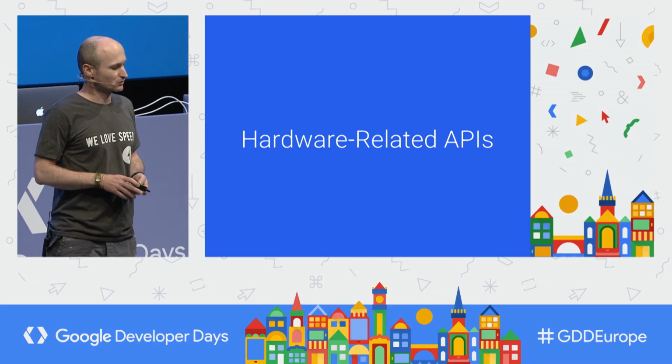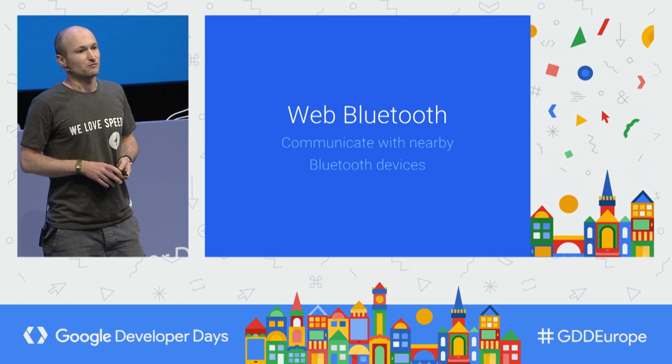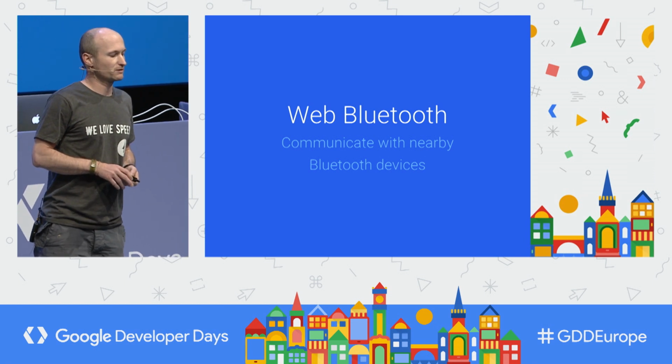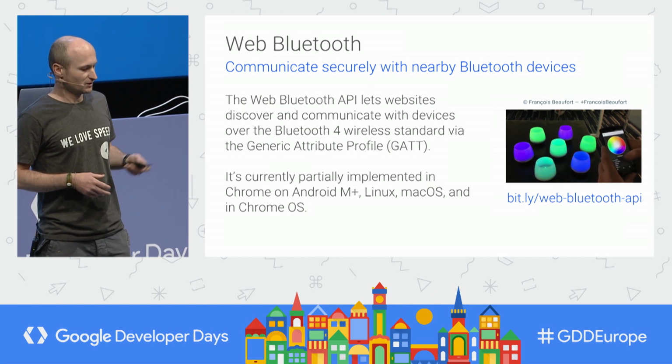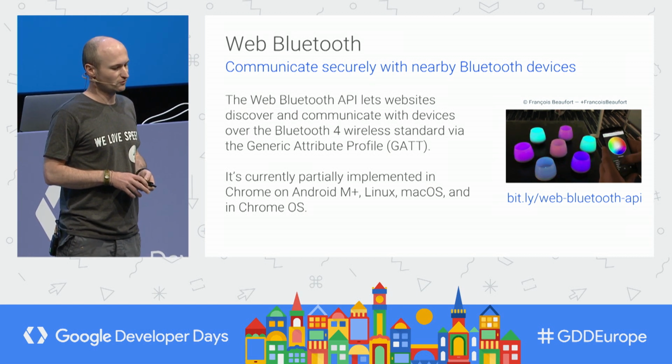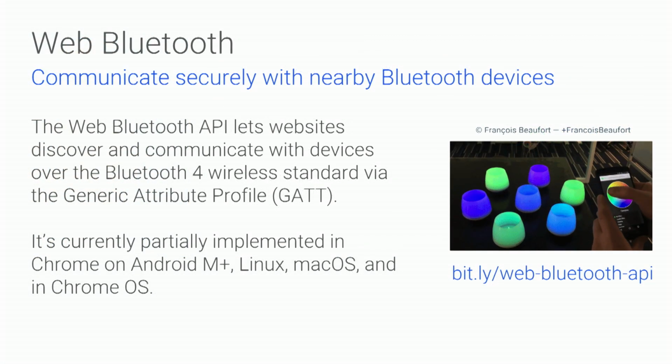Which then brings us to hardware-related APIs. The first API that I want to mention is the Web Bluetooth API, which allows you to communicate with nearby Bluetooth devices. In this demo here, created by François Beaufort, you can see how, with his phone, he's controlling Bluetooth candles. I wasn't sure that this kind of thing exists, but actually it does exist, Bluetooth candles. And you can see here why this could be fun.